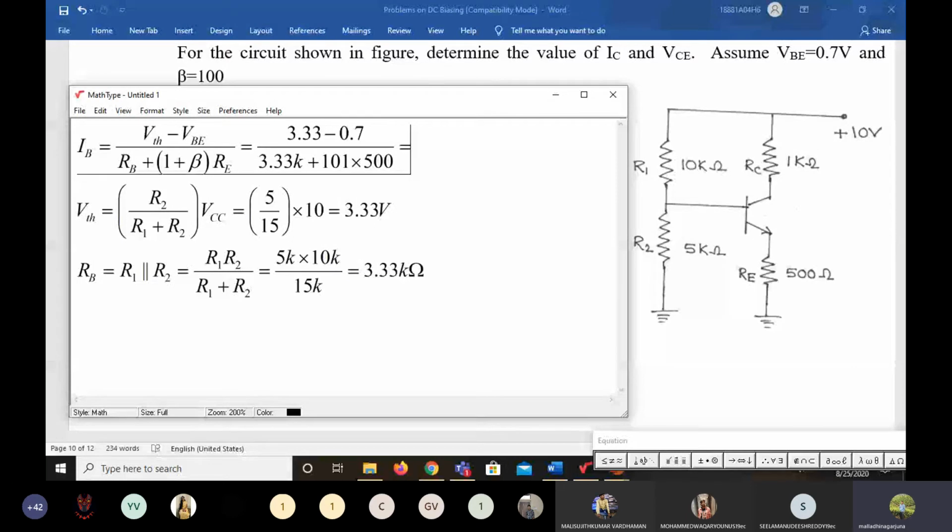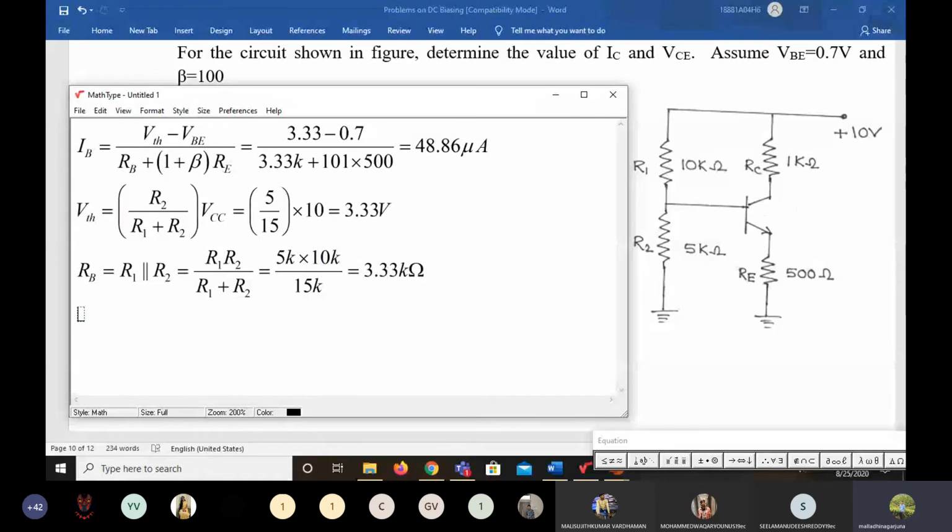So the total is 53.83. So IB is equal to 48.86 microamperes. Yeah, 48.86 microamperes. This is IB.